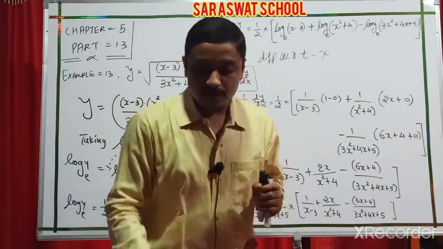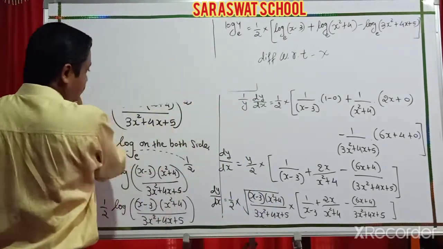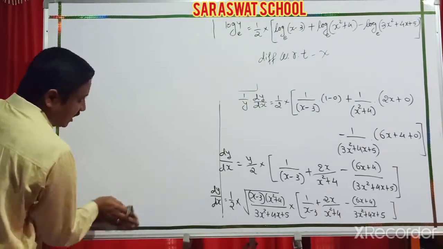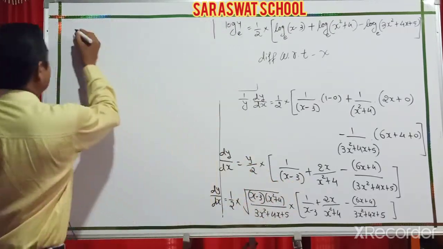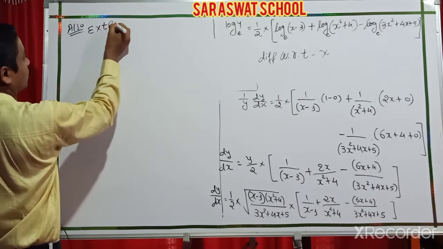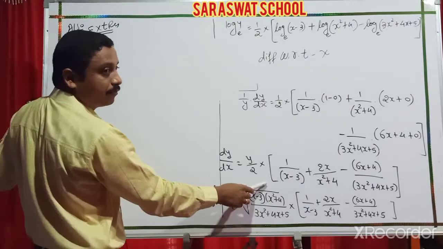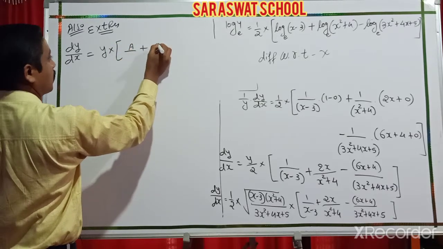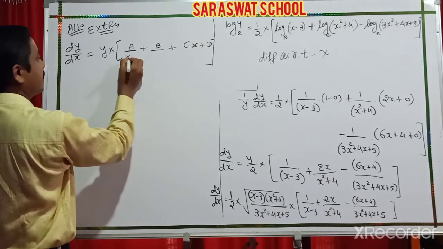But in the exam, this question may also be asked in this form. Sometimes dy by dx is given with missing letters A, B, C, D, and the answer is also given in the options. So here I am taking extra: dy by dx given in this form, like y times a upon b upon cx plus d, and the other data is the same.